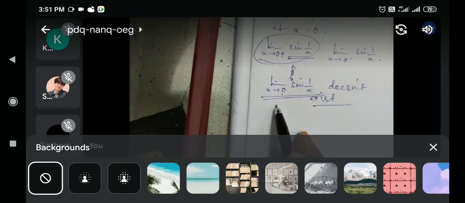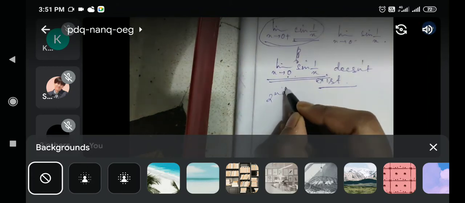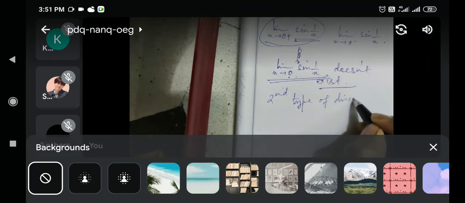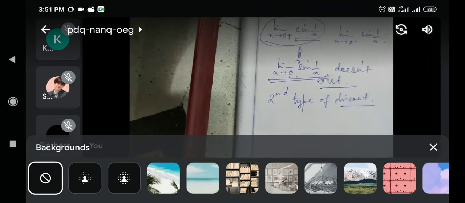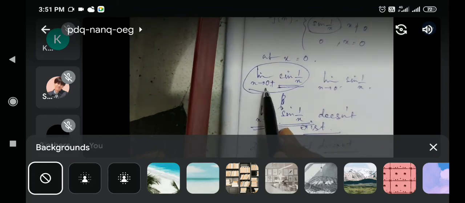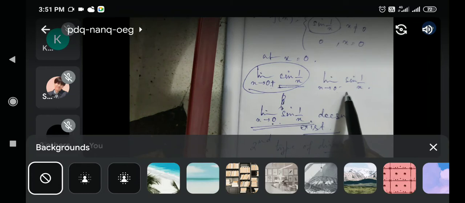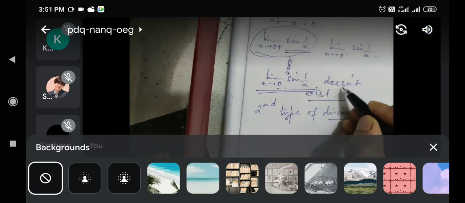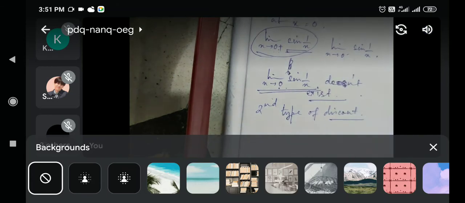So this is an example of second type of discontinuity, where both the 0 plus limit and 0 minus limit do not exist.